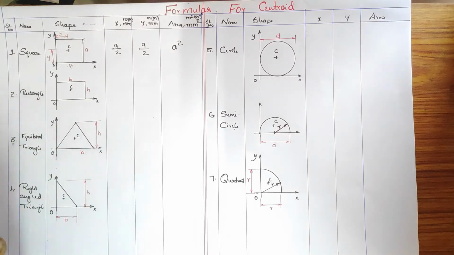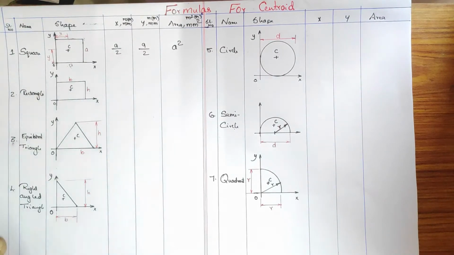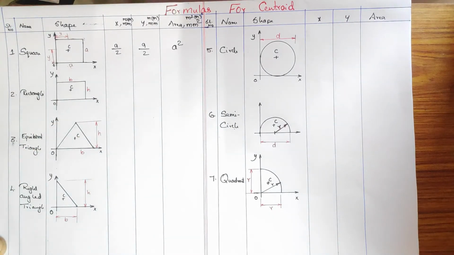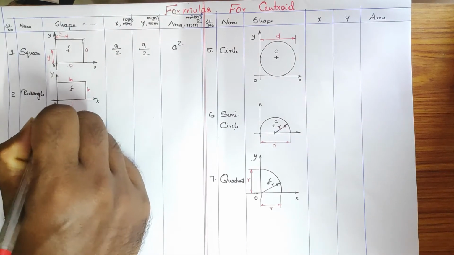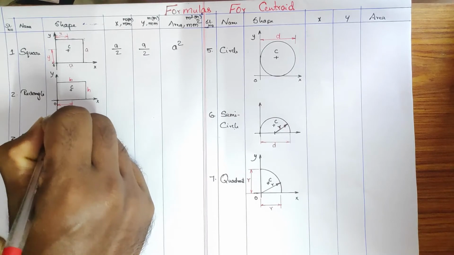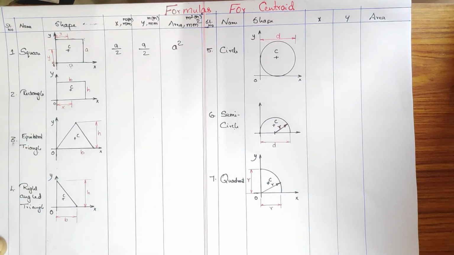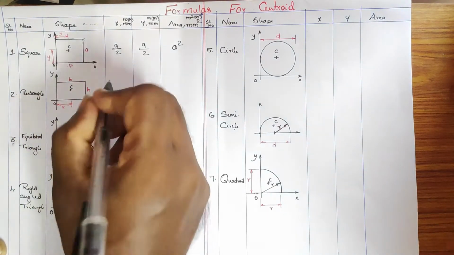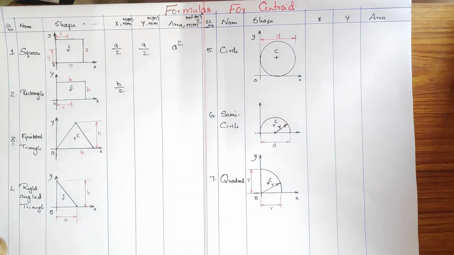Right. Rectangle. For the rectangle, the length of the rectangle is B and the height or width of the rectangle I have represented as h. When I want to represent the centroid, the x distance can be calculated by half of the length, that means B divided by 2, so that I can plot this C in the x direction.